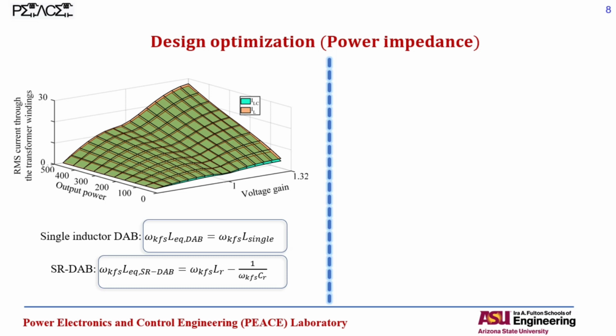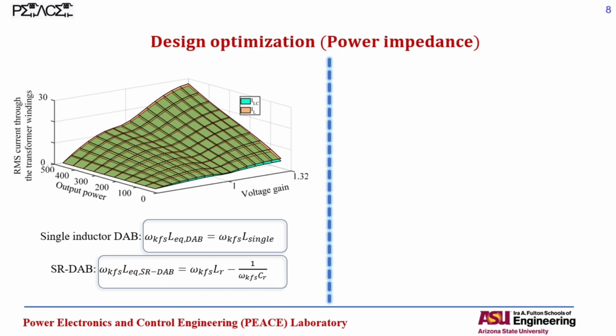So you can see here that as the frequency increases, or let's say as we go towards the higher order harmonics of the current, the equivalent inductance of the LC tank limits to this resonant inductance that you can see here, which presents a higher value of inductance with respect to the one presented here for the single inductor DABs.